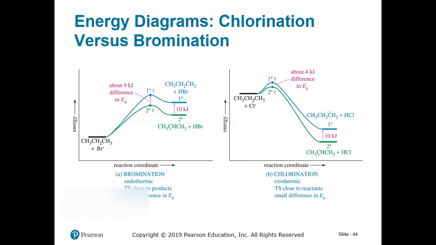Primary is when you have a carbon that's attached to one carbon. A methyl has one carbon attached to it, so that's why these two are primary. CH2 is a secondary because it's attached to two. A tertiary carbon will be attached to three carbons. Quaternary is the maximum alkyl substitution, when you have four carbons attached to it.